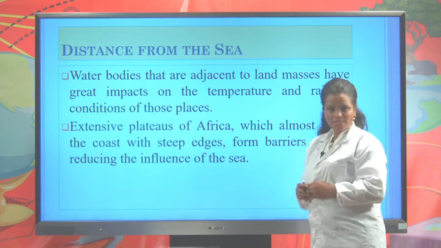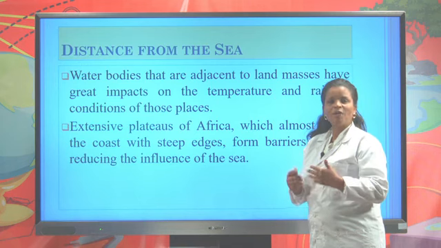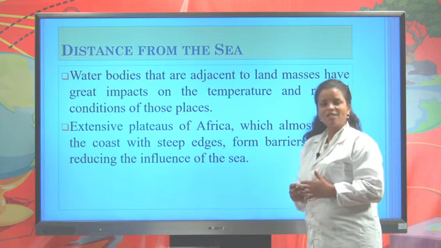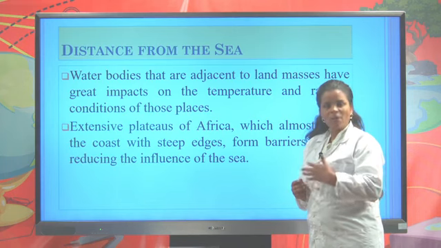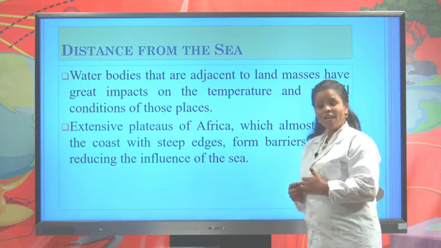How does distance from the sea affect the climate condition of an area? For example, the Sahara Desert has high temperature and a dry climate because of its location. The Sahara Desert is found far away from the influence of ocean currents. If an area is found near the sea, it receives rainfall. For example, Ethiopia is found near the Atlantic and Indian Ocean. In the summer season, most of the land of Ethiopia receives rainfall because of the winds that start from the Atlantic Ocean and from the Indian Ocean.